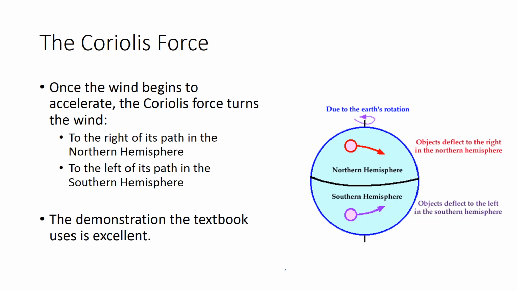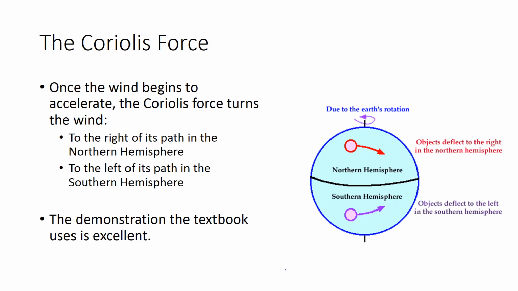One other important thing about the Coriolis force that I haven't mentioned yet is that it is proportional to the speed of the wind, meaning the faster the wind, the stronger the Coriolis force, and the slower the wind, the weaker the Coriolis force. In the upper atmosphere, the pressure gradient force and the Coriolis force are the only two things that matter.